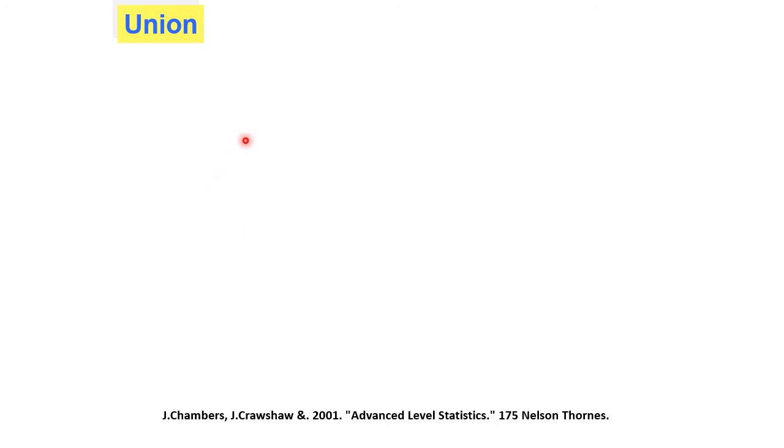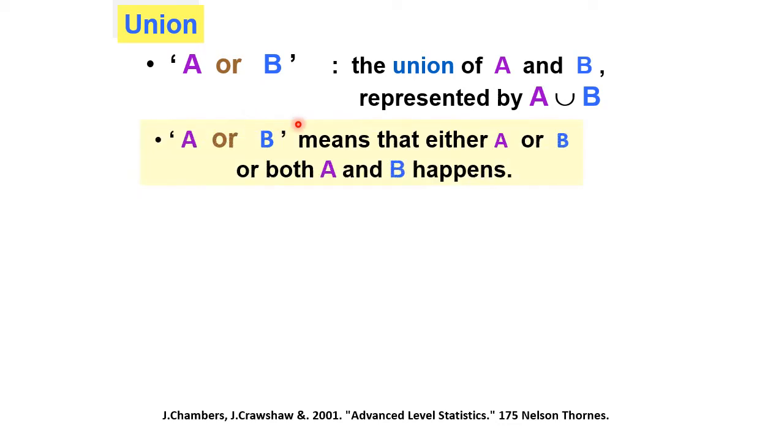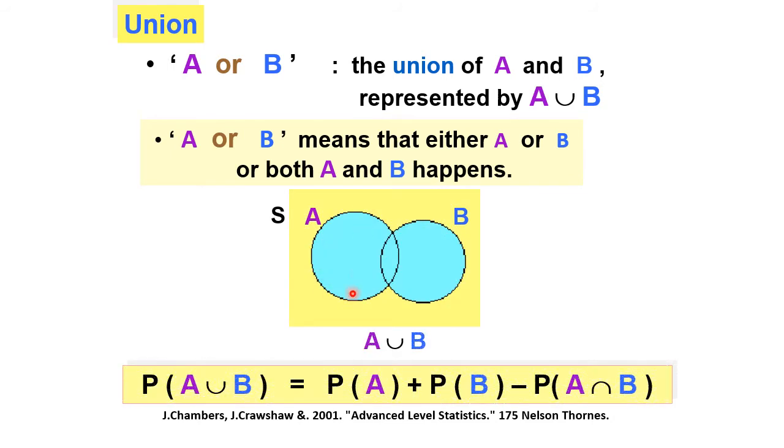Okay, next about the union. So union is or: event A or event B. So either event A or B happens. So this is the whole thing. Okay, not only the intersection, the whole thing here. So this is A union B. So A union B is A, B, and in between we also have the intersection.